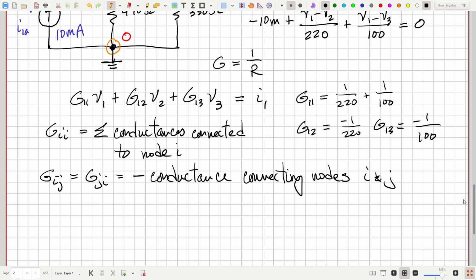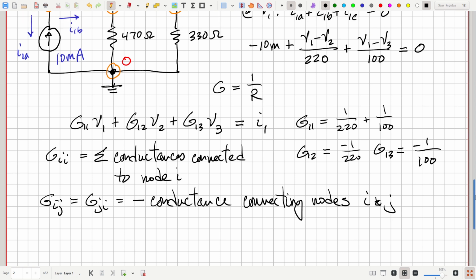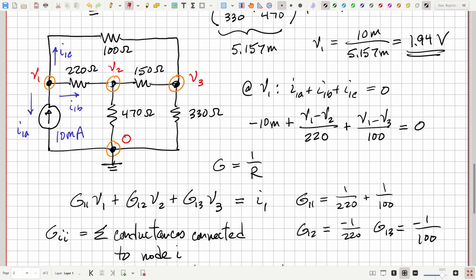All right. And now we just continue on and we go to the next node, node 2. So we look here and we could draw out a series of currents flowing out of that node. Let's call this I2A, I2B, and I2C.